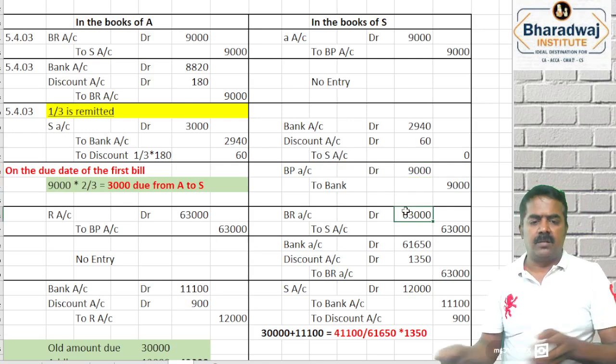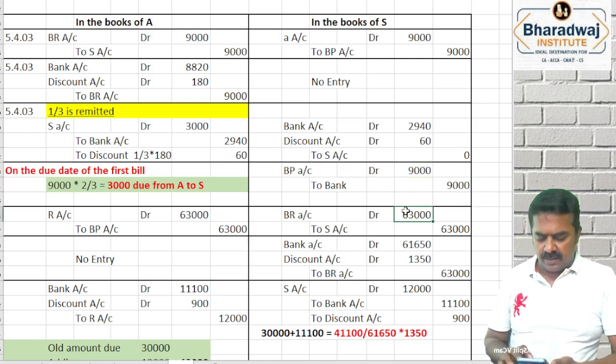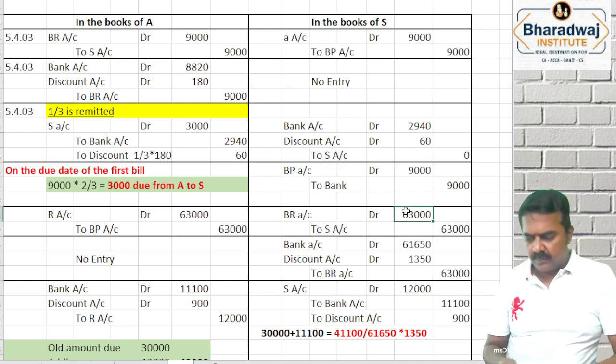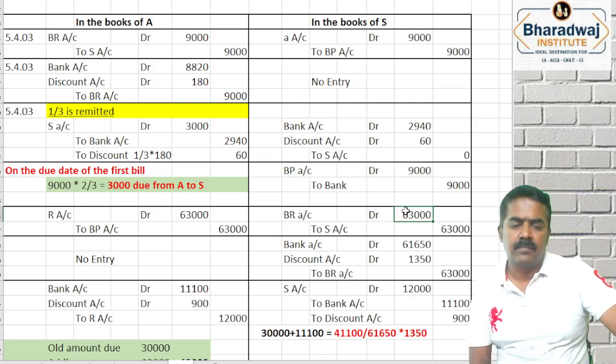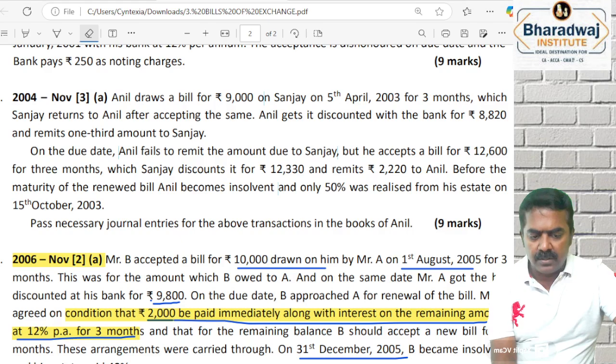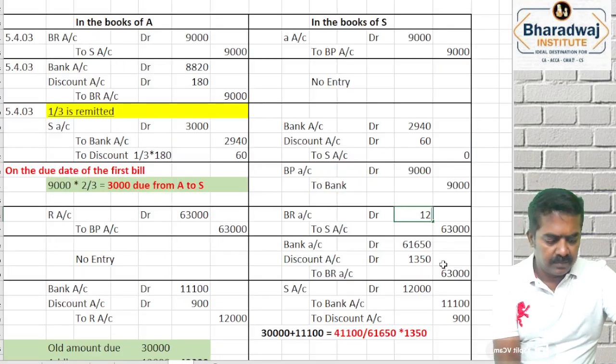Second bill is drawn by S on A. எவ்வளோ செகண்ட் பில்? 12,600.